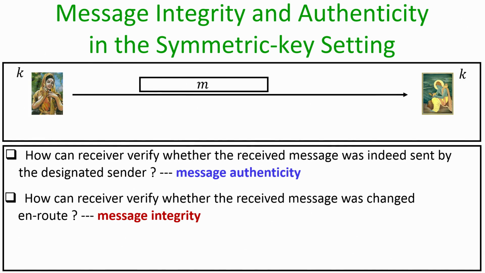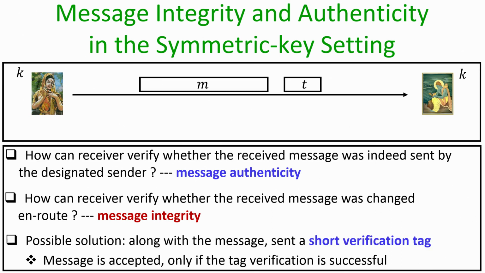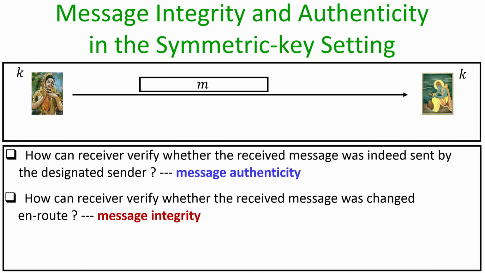Now, it wants to verify whether that bit string was changed during its journey from the sender to the receiver. That is the problem of message integrity. I would like to stress here that there is no issue of secrecy which we are interested to solve. We are just interested to solve the issue of authenticity and integrity here.